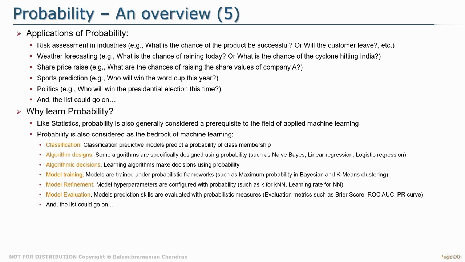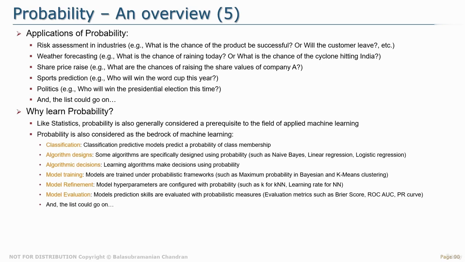Algorithmic decisions: learning algorithms make decisions using probability. Model training: models are trained under probabilistic frameworks such as maximum likelihood, Bayesian, and k-means clustering. Model refinement: model hyperparameters are configured with the probability such as k for k nearest neighbors, learning rate for neural networks.